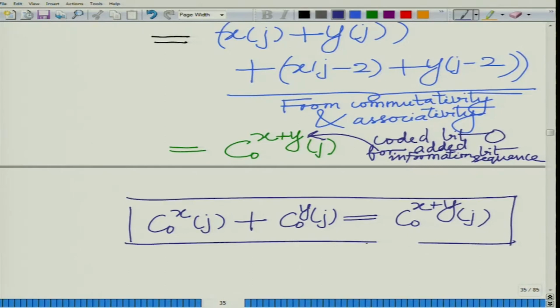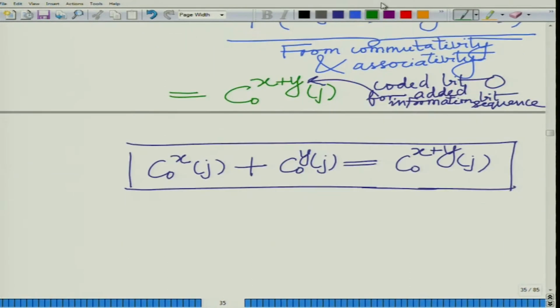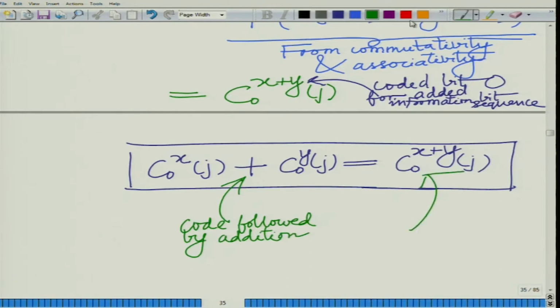That is, what we have is basically code followed by addition, and this is basically addition of the information bits followed by code.